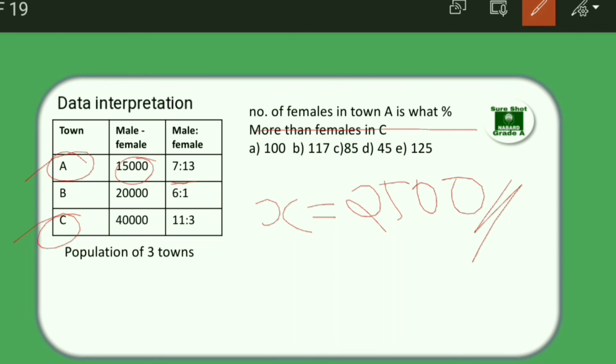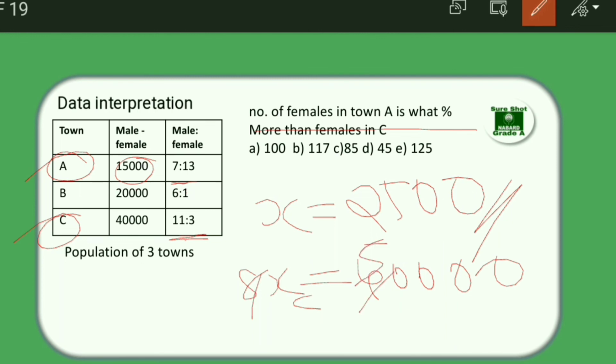There you can find x equal to 2,500. Now in C, have we found x? I don't remember, so we'll find it here. The difference is 11 minus 3, 8x equal to 40,000. Here x is 5,000. Yeah, we already found that.